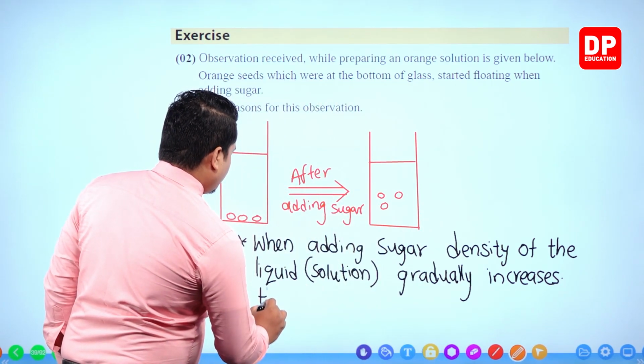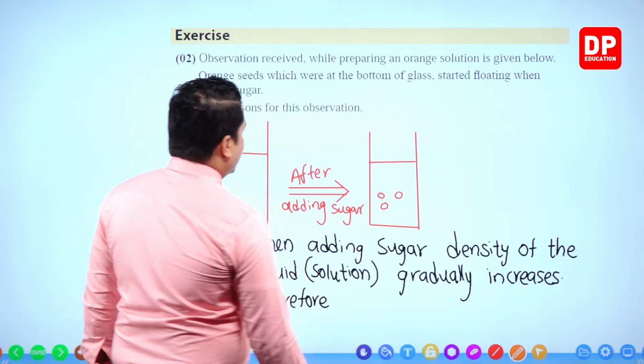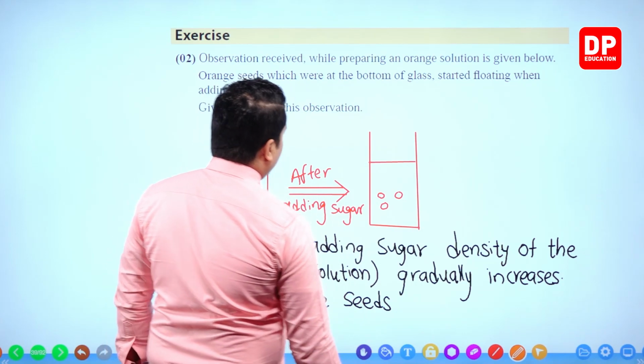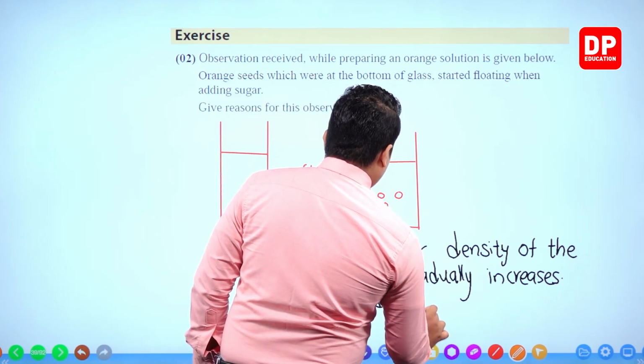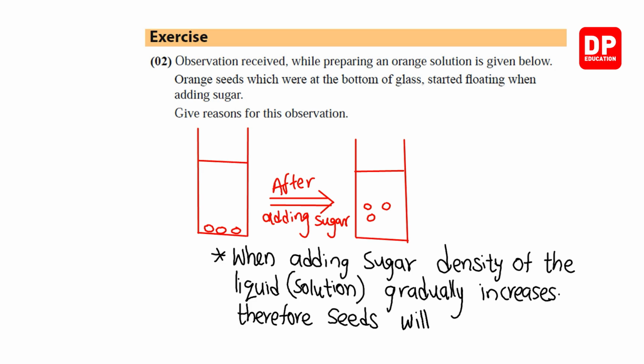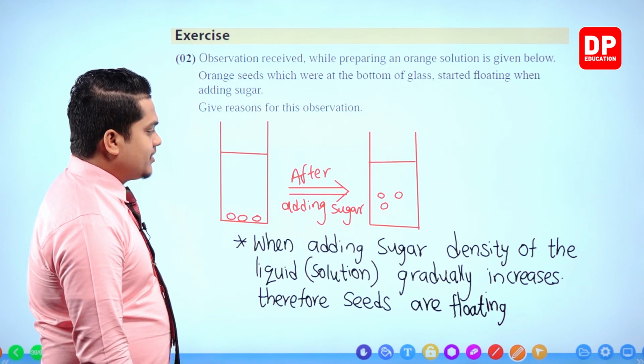Therefore, seeds will float. Right. So when adding sugar, density of the liquid or the solution gradually increases.